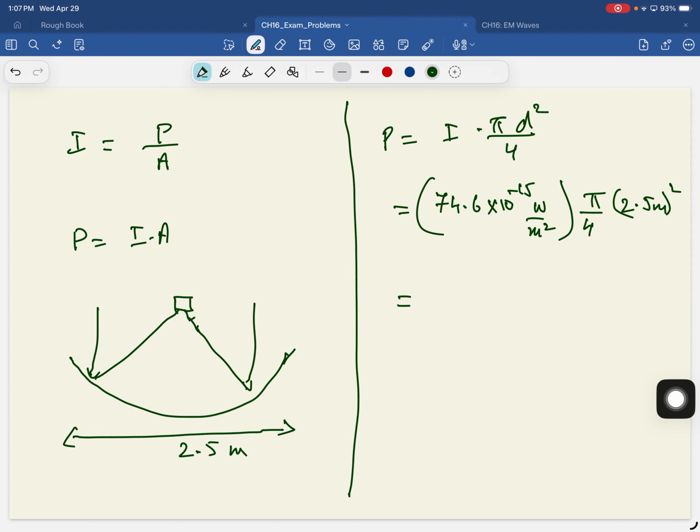So this is equal to 366.2 into 10 to the minus 15 watts.